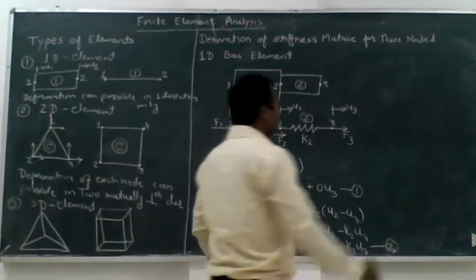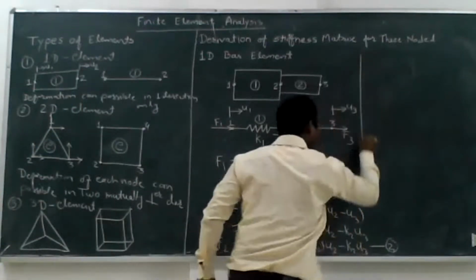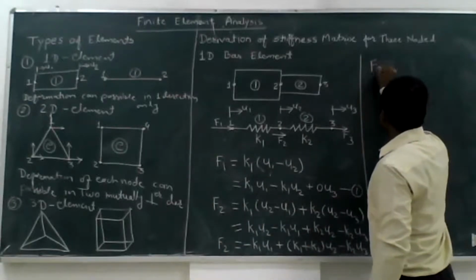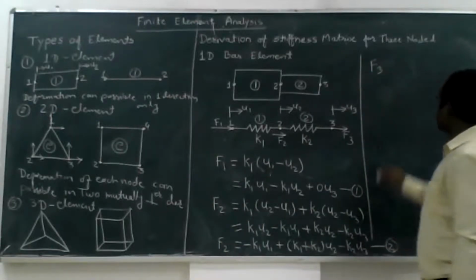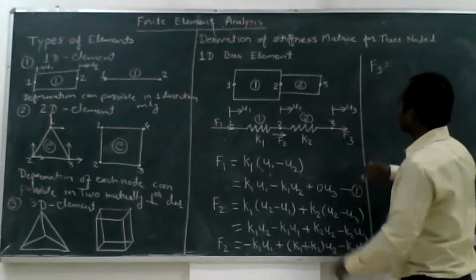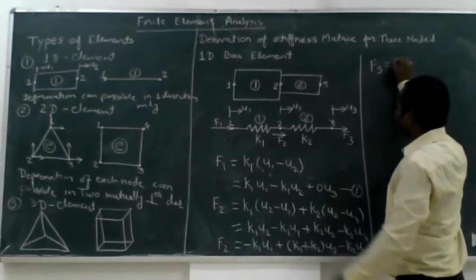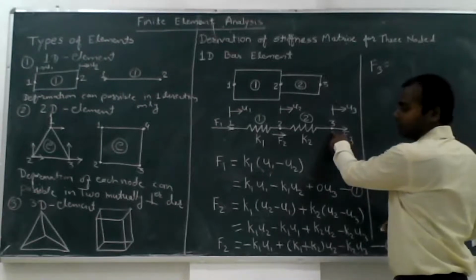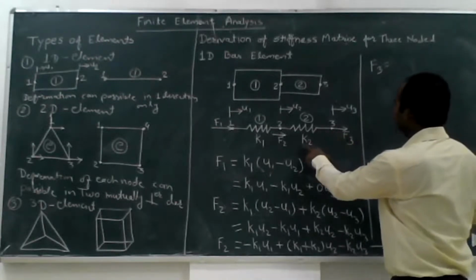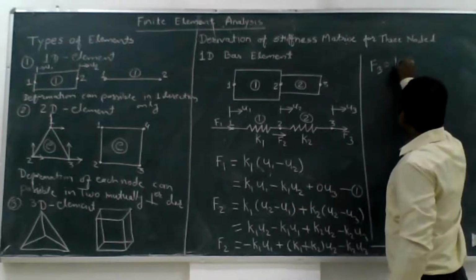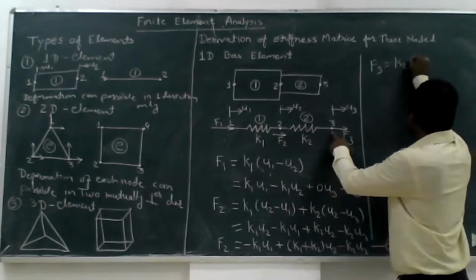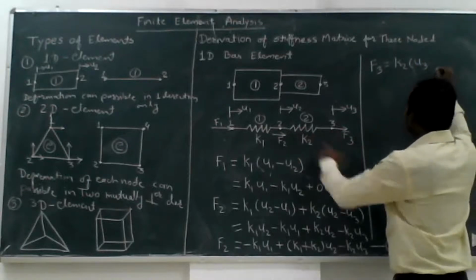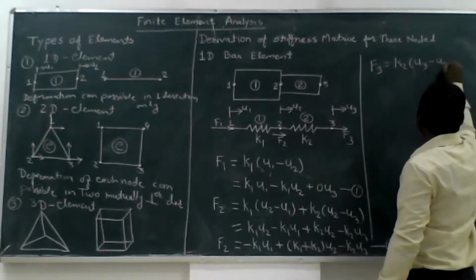Thereafter, the equation for force F3. For F3, it is the force at node number 3. Node number 3 is connected with element number 2 only. So F3 is equal to K2 into the displacement of node number 3, that is U3, minus the displacement of node 2, U2.